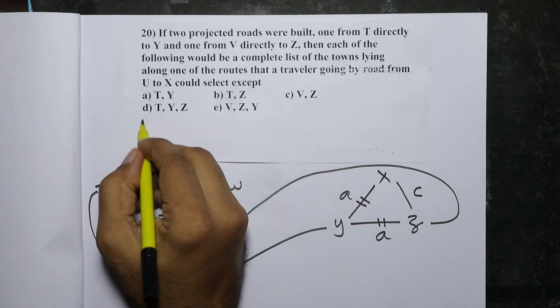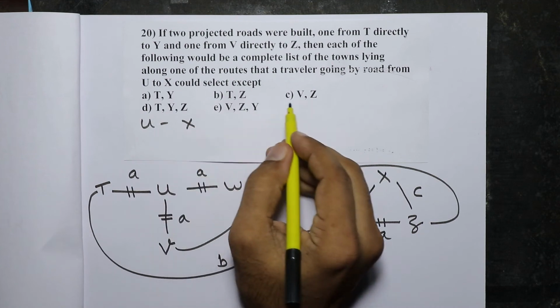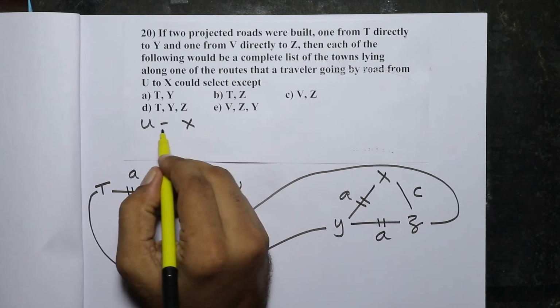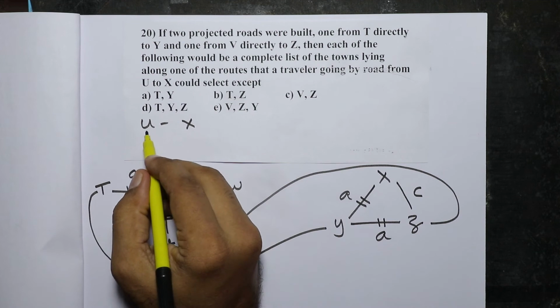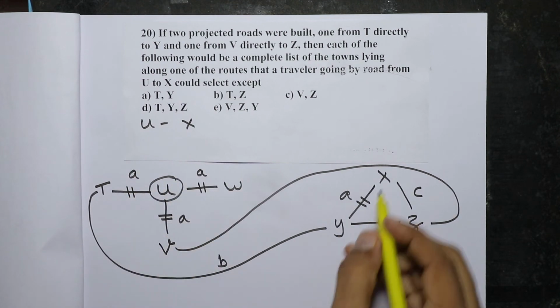So you are traveling from U to X, and we'll find out the intermediate towns, and we'll find out the one which is not possible.